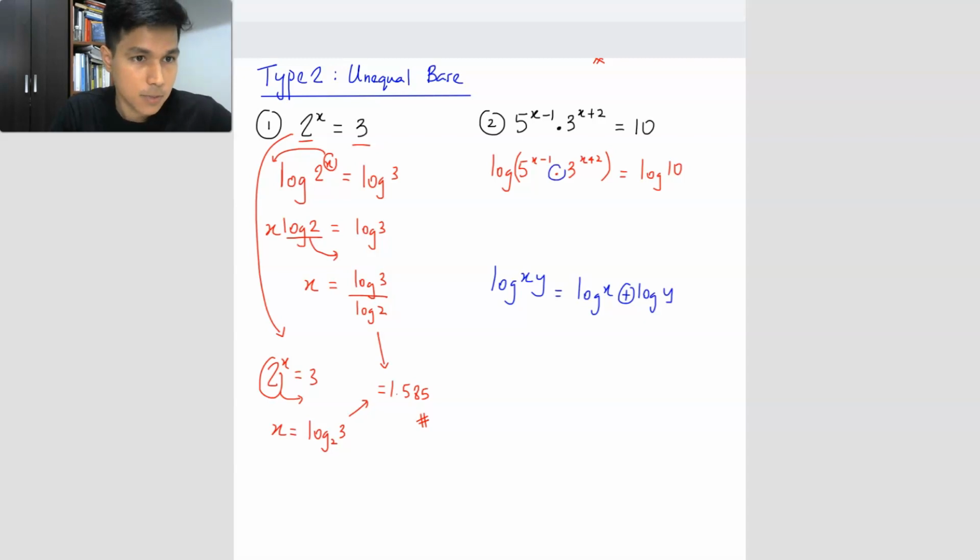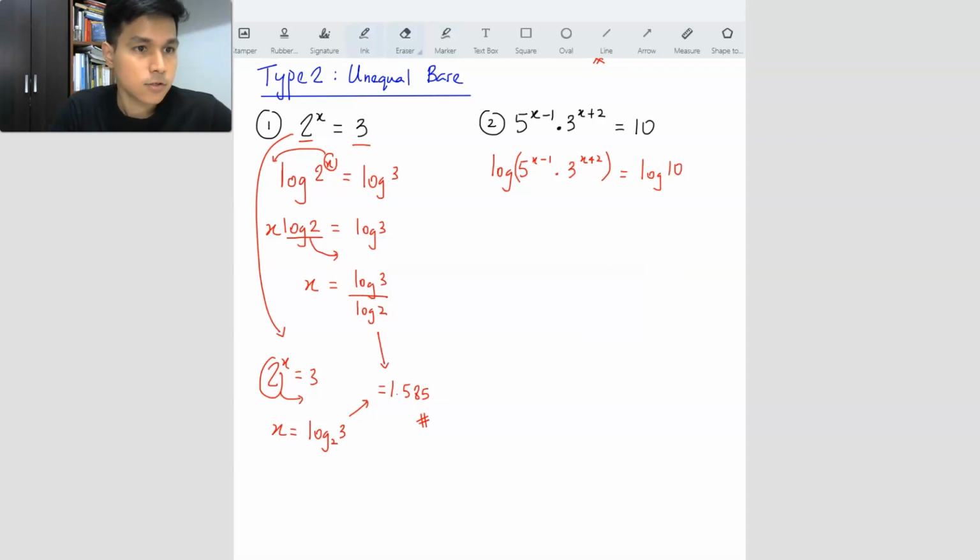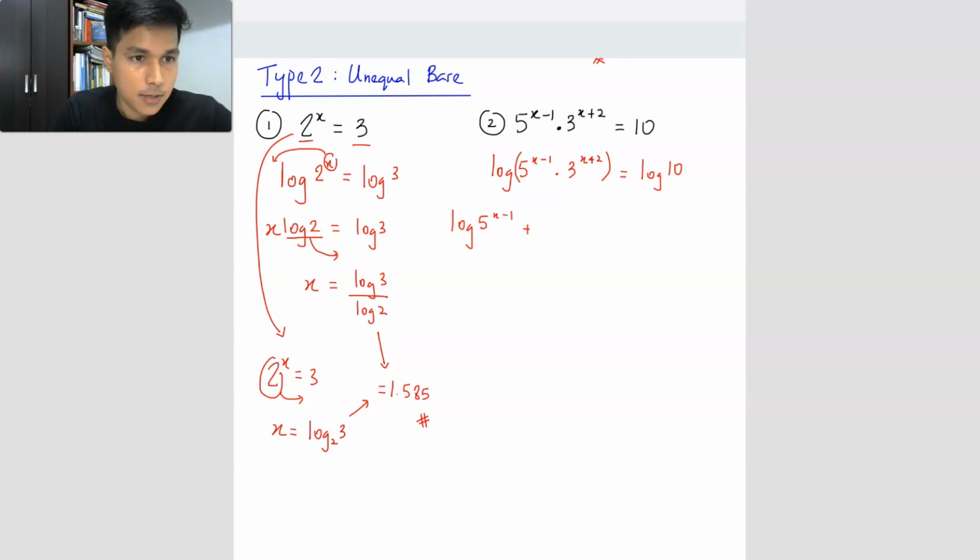Since this is multiplying together, you can break them apart to make it plus. So it looks like this: log 5 power x minus 1 plus log 3 power x plus 2 equals log 10. Log 10 is actually 1, you can just key it in your calculator.